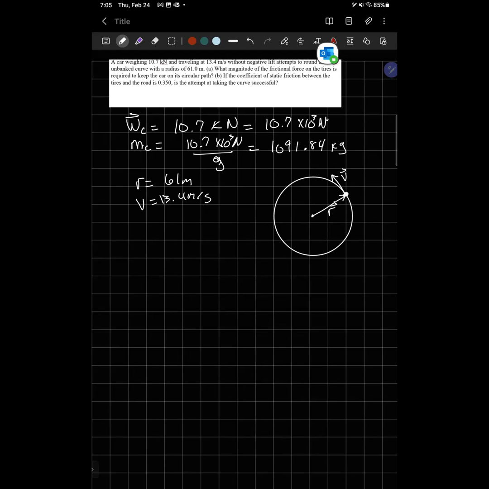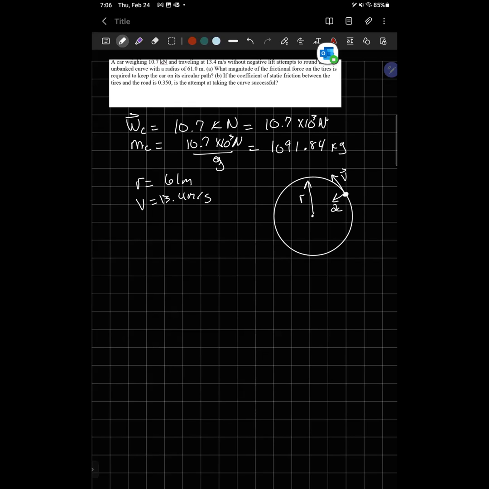In this case, I'm going to think of friction as the centripetal force making it go in a circle.